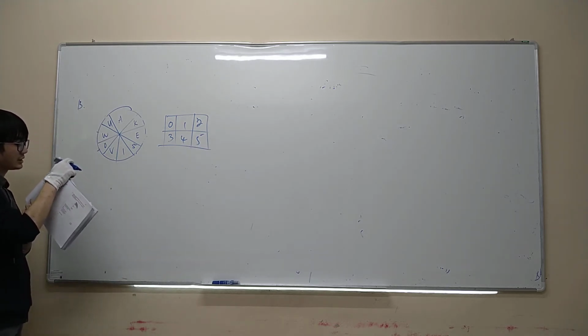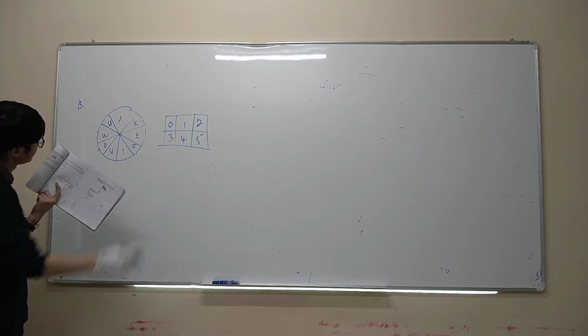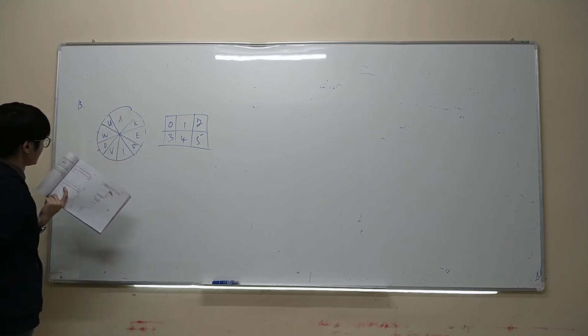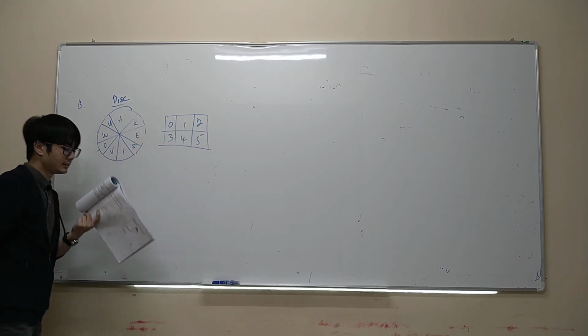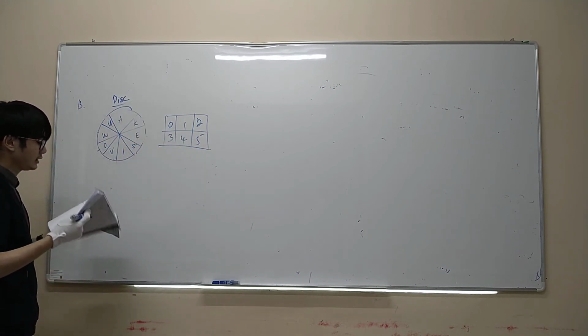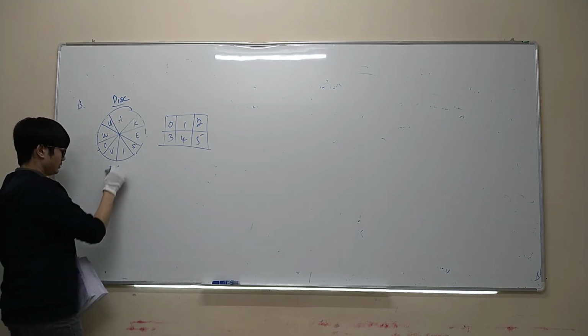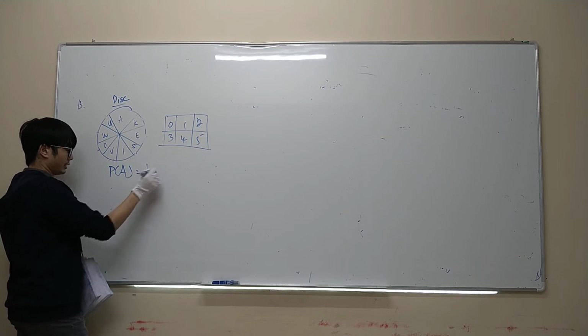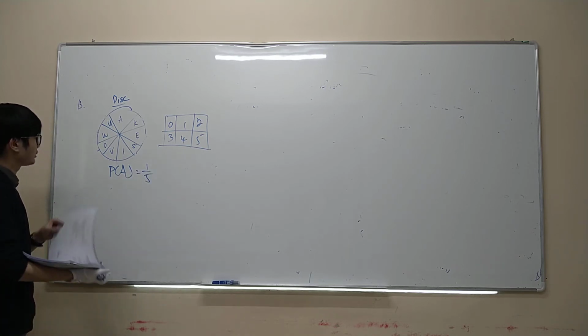The diagram below shows a disk labeled with letters and 6 numbered cards. So this is a disk, and this is a number. Right, when the disk is rotated, the probability of getting letter A is 1 over 5. The probabilities of getting other than letter A are equal to each other.